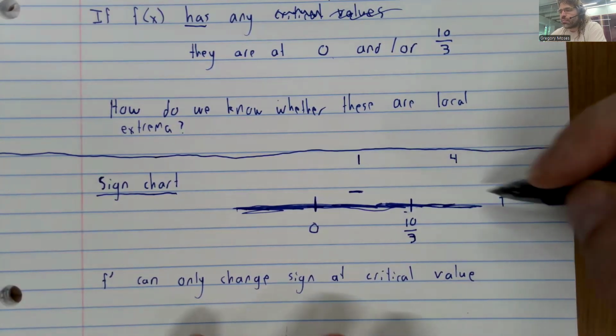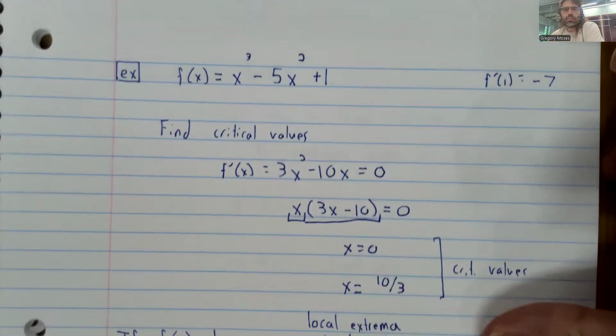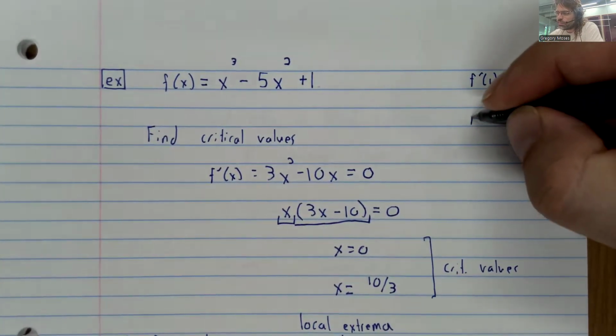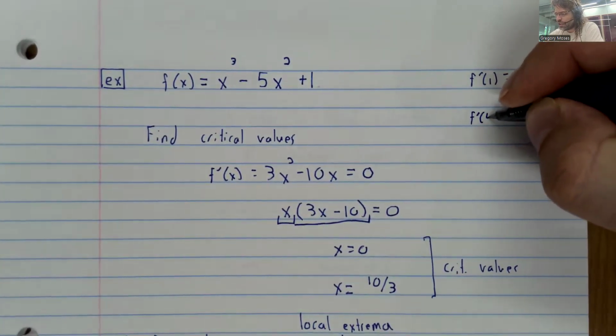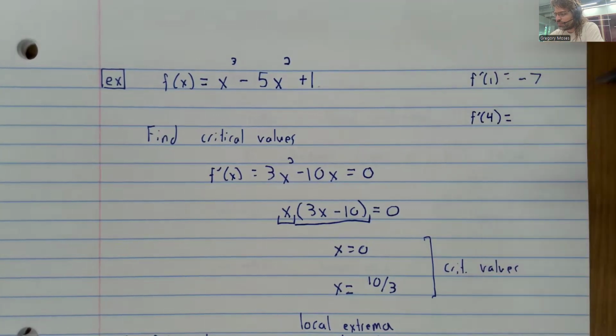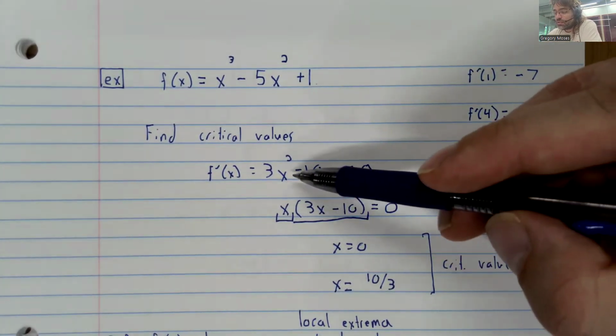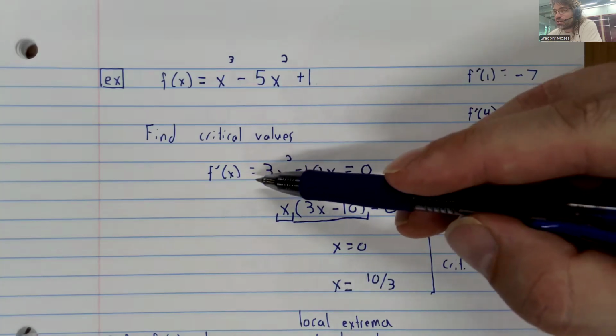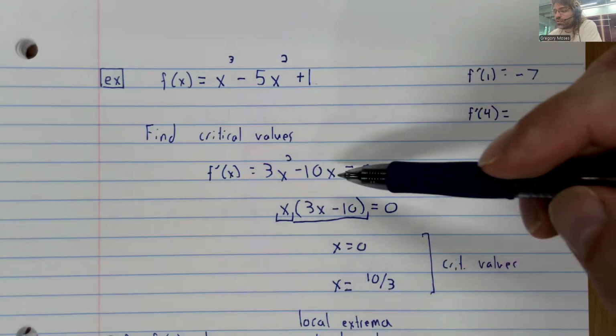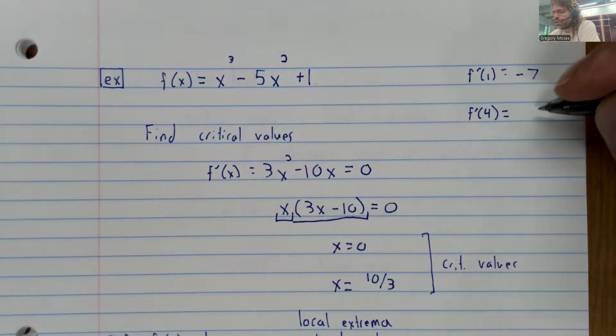I just pick a number in this interval and look at the derivative. 16, 32, 48 minus 40.